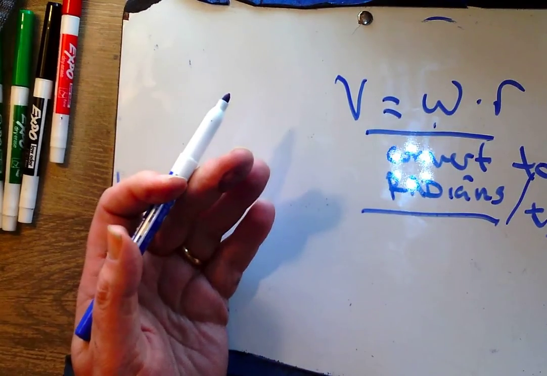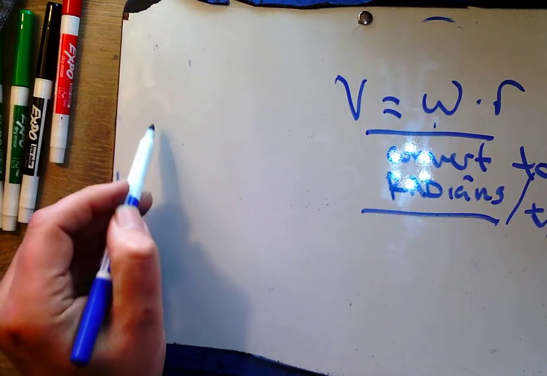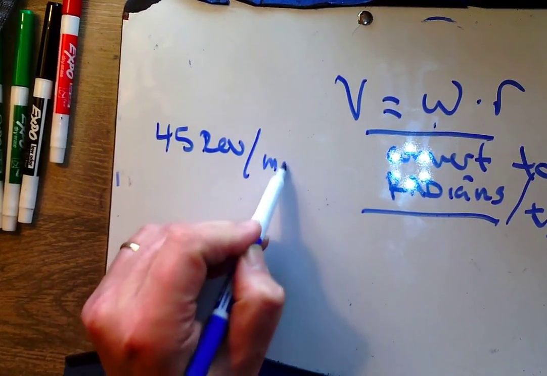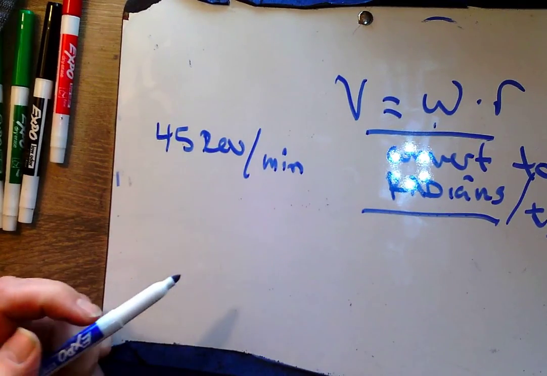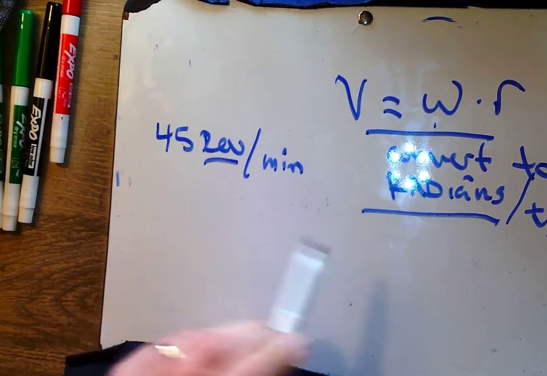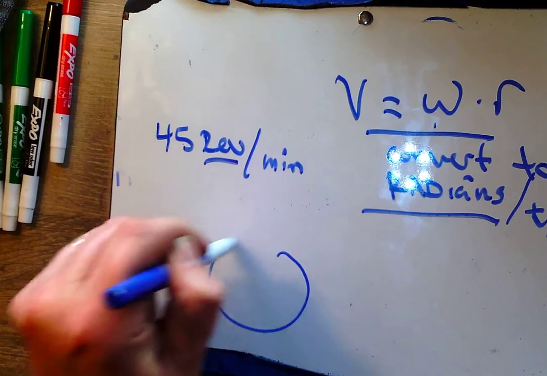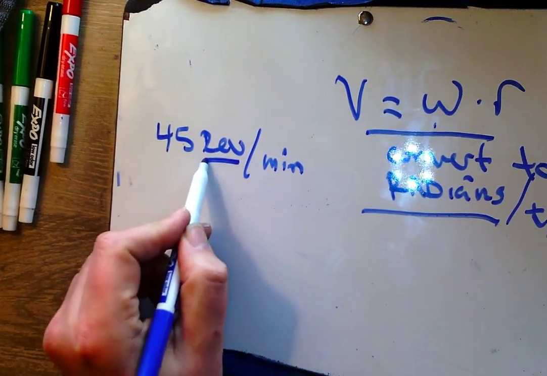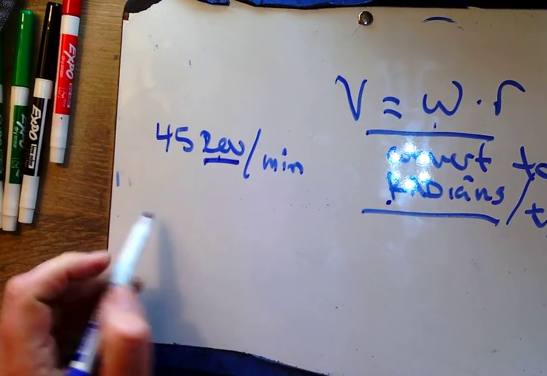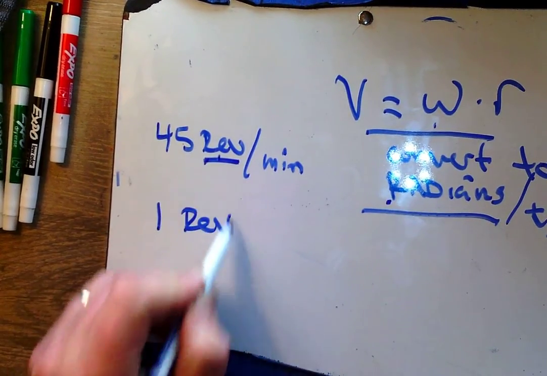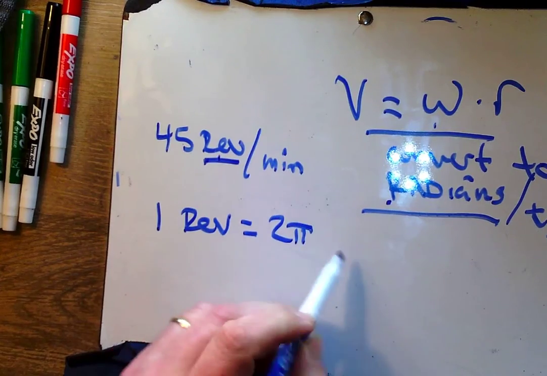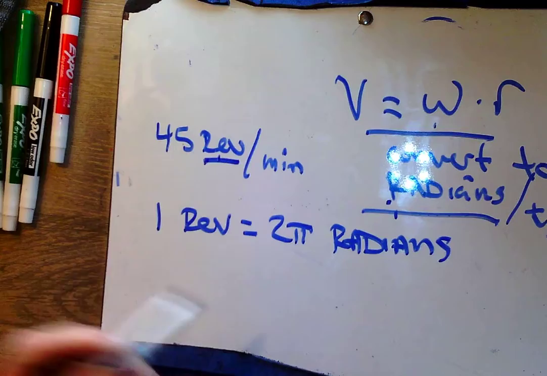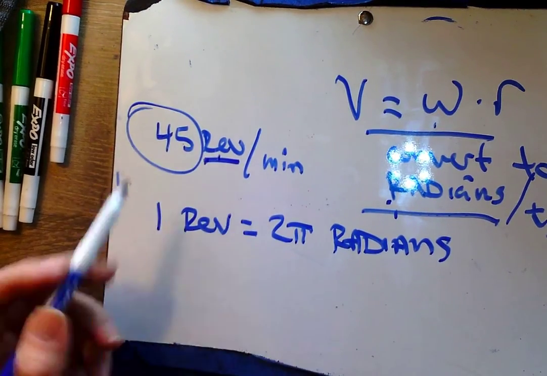Often, though, in these problems, they tell me you're doing 45 revolutions per minute. Well, that's not radians, that's revolutions. Now, I know one revolution looks like that. So I have a relationship between revolutions and radians: one revolution is always, always, always 2 pi radians.